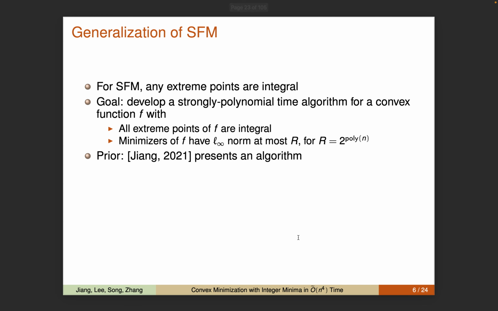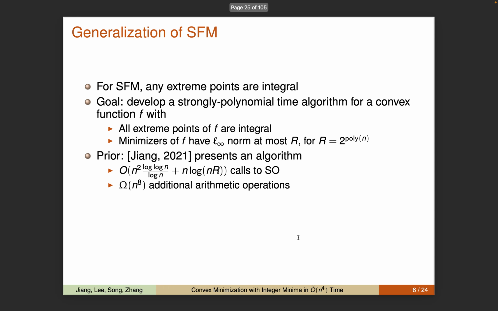There exist prior works due to Jiang that show that this is indeed possible. And he shows that, in fact, one can obtain an algorithm that has a subquadratic dependence on the number of calls to the separation oracle. The downside of his algorithm is that it requires a lot of additional arithmetic operations, namely at least on the order of n to the eighth power.